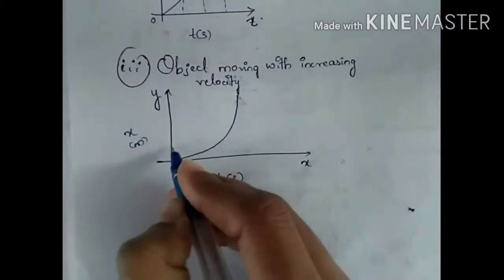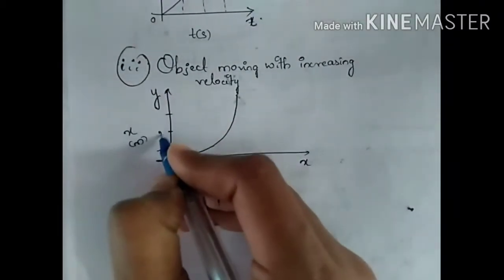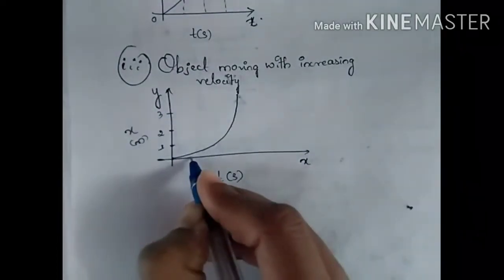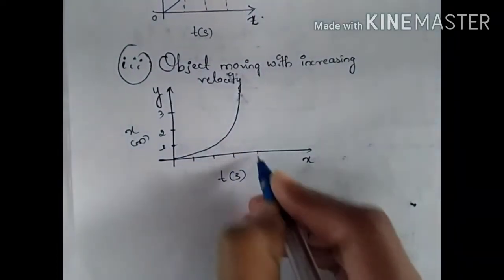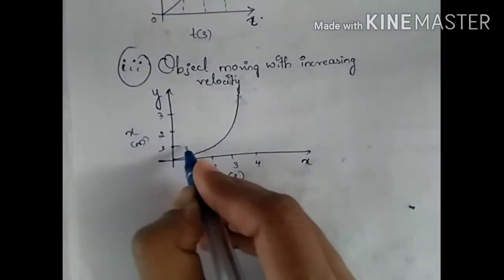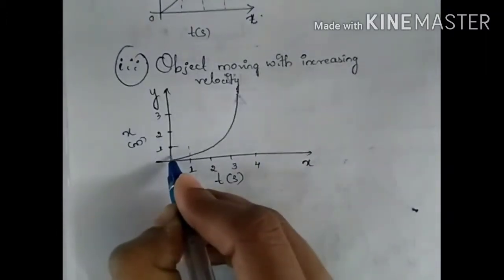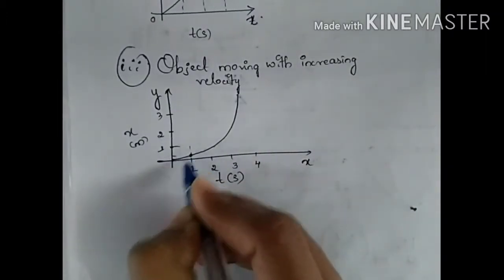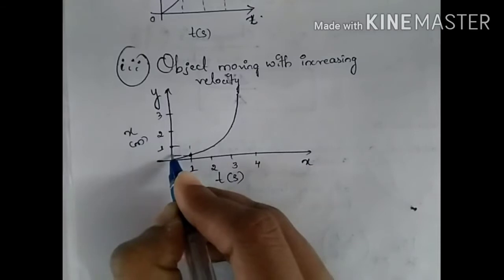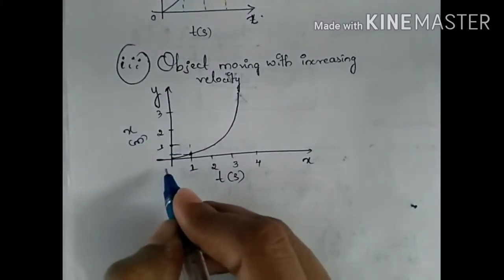If you see, for 1 meter, 2 meters, 3 meters, and for 1 second, 2 seconds, 3 seconds, the distance covered is not uniform. See here, if this is the point, then the displacement here is less than 0.5 meters.